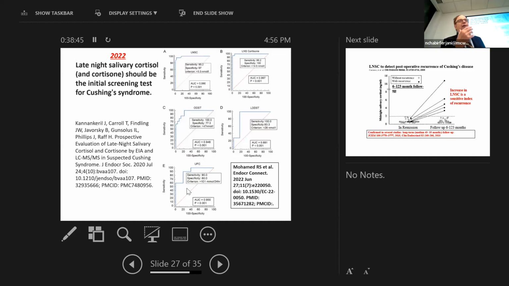I think one of the criticisms of this test, legitimate criticisms, is the lack of specificity. And let me explain that. What I mean is that there are a lot of false positive, well, they call them false positive elevations. And my reaction to that is, well, they're not really false positives.